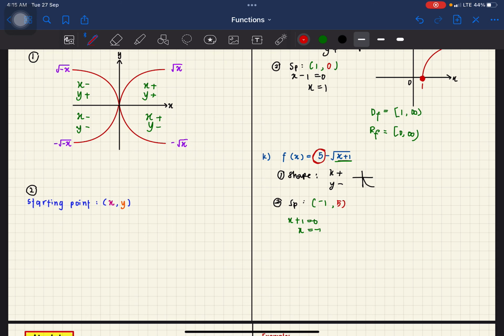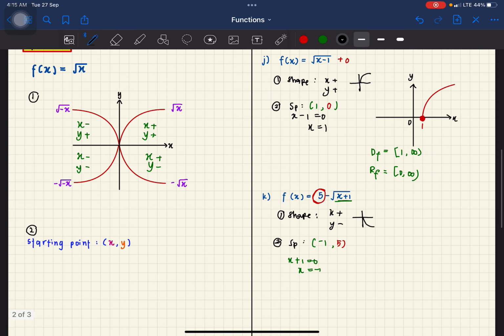Settle. Okay, so now dah boleh lukis kita punya graph. X and Y. Okay, saya bawa turun ke bawah kejap. Okay, right. So kalau ikutkan kita punya starting point adalah, oh sorry guys, so dia dekat sini kan. Okay, saya letak kat tengah je balik.